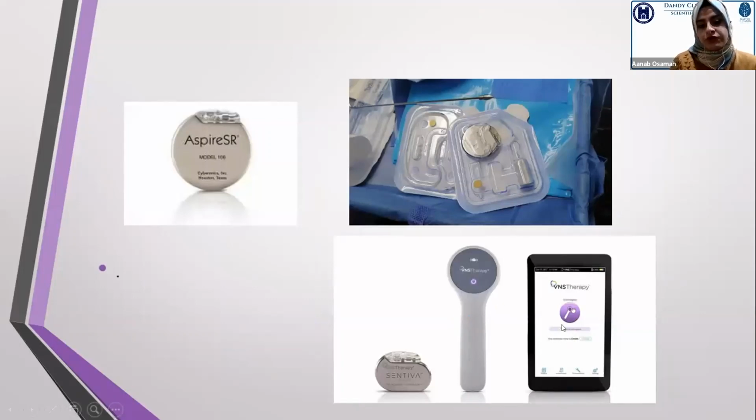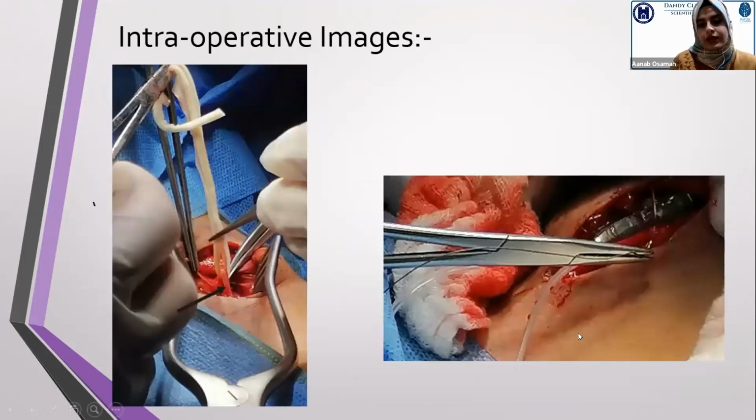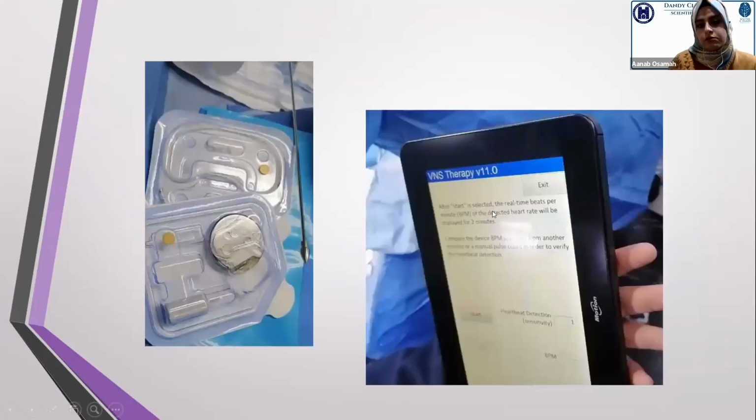Maybe you ask, what is this? When we finish the surgery, and before suturing, we ask one of the experts, an engineer, to check that we made this connection in a good way and to confirm the operation by using this iPad. It is just to check the pulses, and as we see here, the pulses of the heart it is connected to.